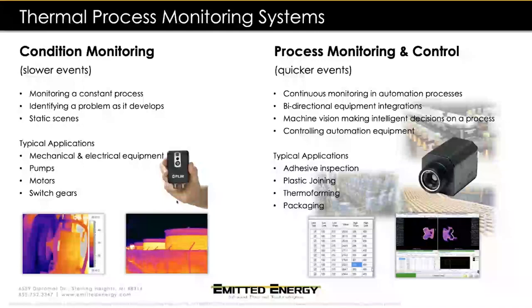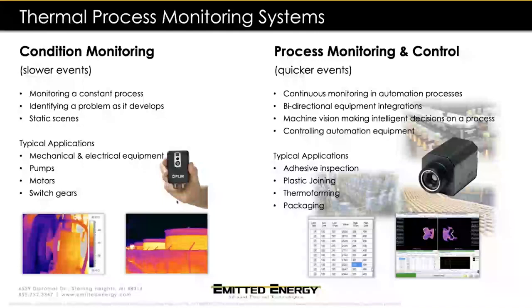We have bi-directional equipment integration, so we're talking to the automation equipment, letting them know that there is a problem or an issue with a particular manufacturing process. We may want to control that automation equipment, and say there is a problem, let's take that product off the line for further evaluation, or we don't want it in downstream manufacturing processes.